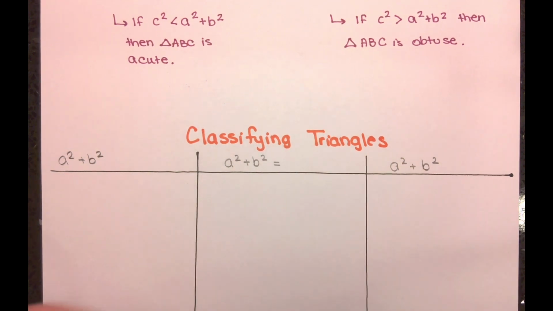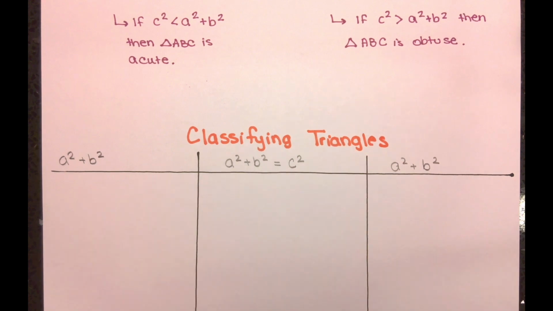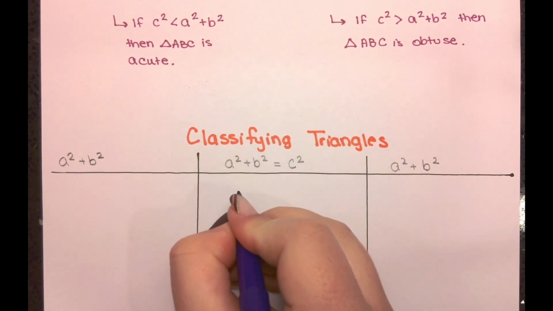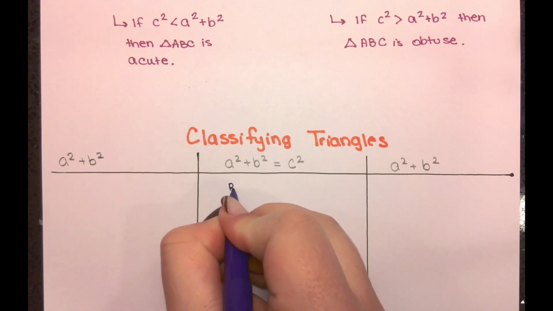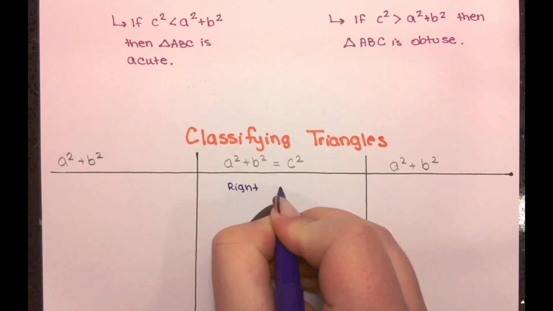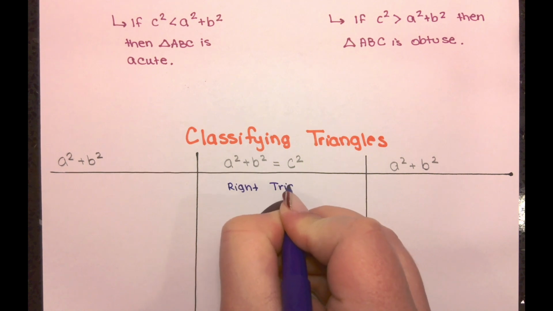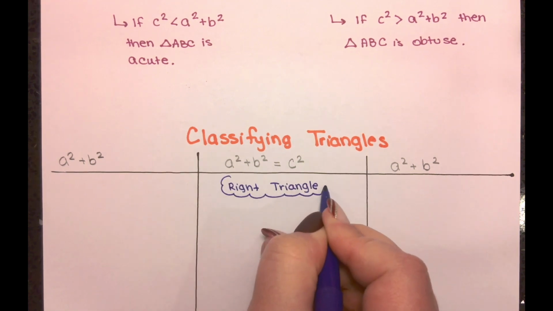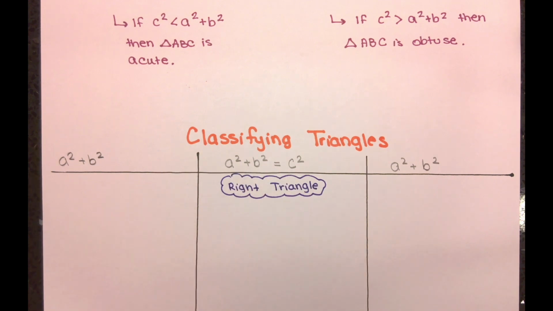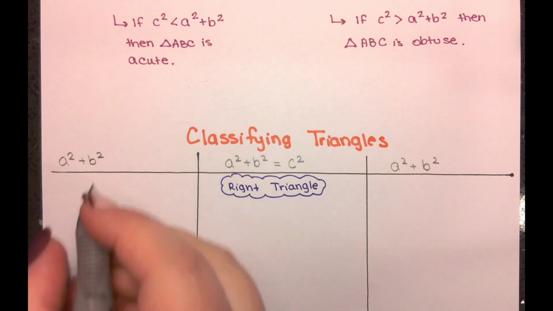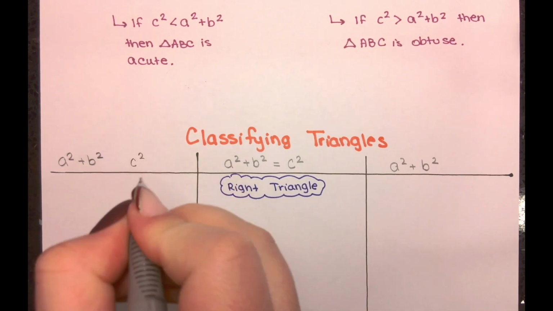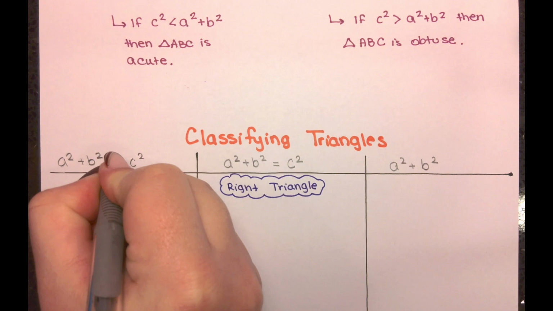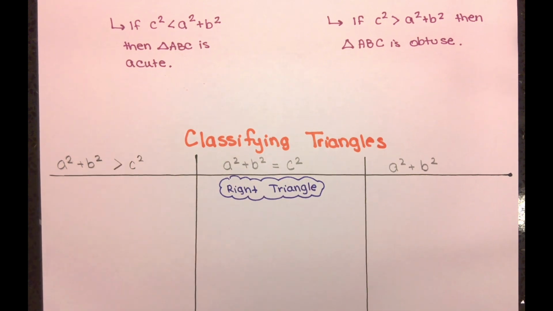So with an equals, we know a squared plus b squared equals c squared. That is going to be your right triangle. Now an acute triangle, like I said before, is small and pretty. So that means your c squared is going to be smaller than your a squared plus b squared.